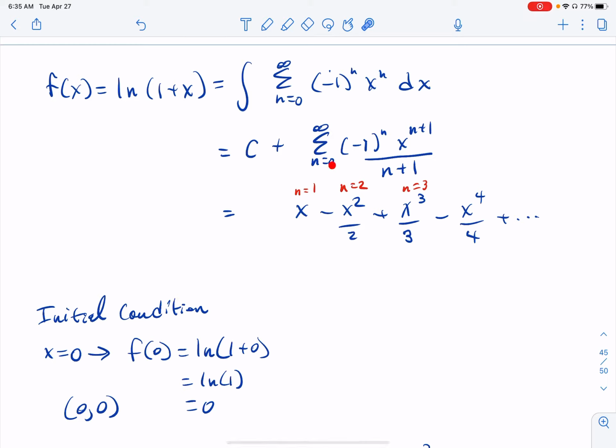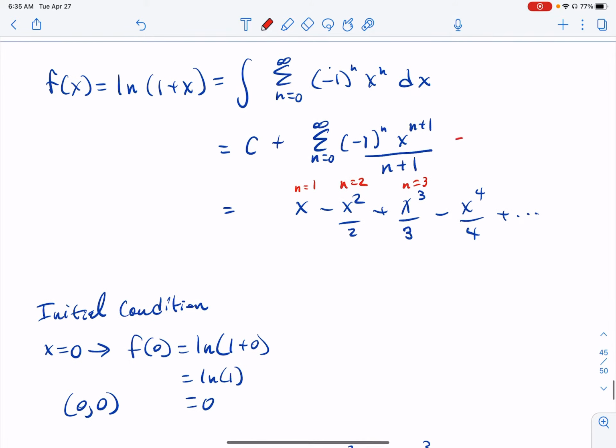So essentially we are translating this n value to the right one. So when we translate to the right one, we're going to subtract 1 from each one of these exponents. Think of transformations. So this becomes our summation from n equals 1 to infinity, negative 1 to the n minus 1, x to the n over n.